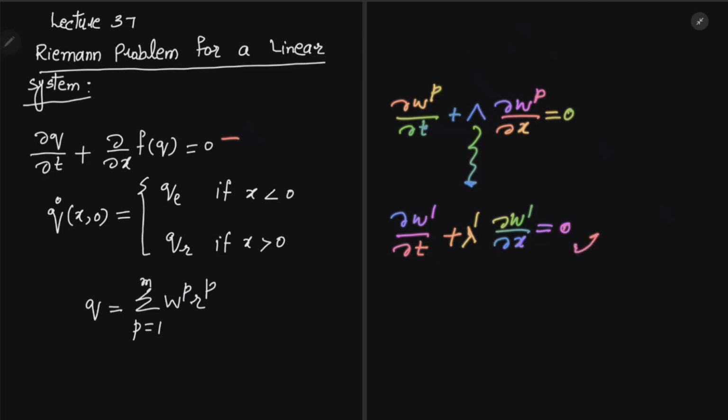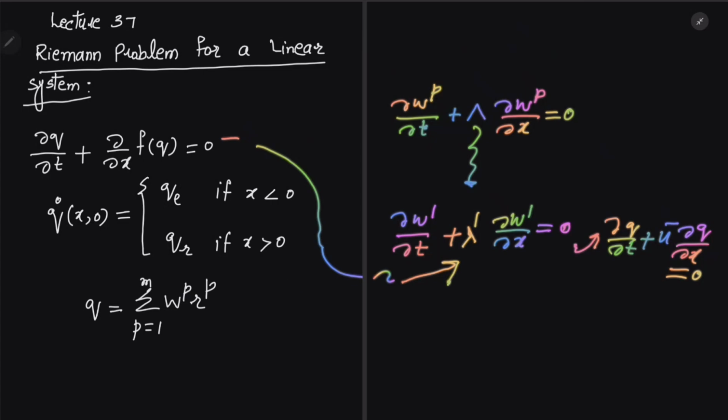If you compare that with the advection equation for the scalar problem, it looks like this. That is the aim. We transform this problem into an advection equation, and then we have a solution like this.